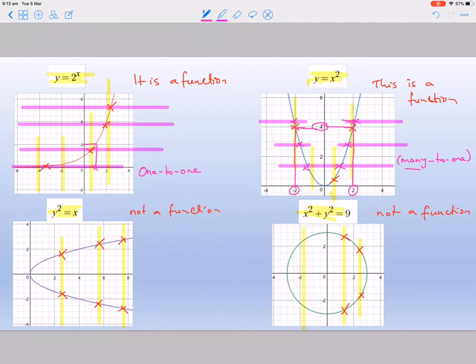Now the bottom 2 aren't functions, but we're also going to do the horizontal line test on them. This one actually passes the horizontal line test because it only crosses at one point on every horizontal line. So this one we call one to many.